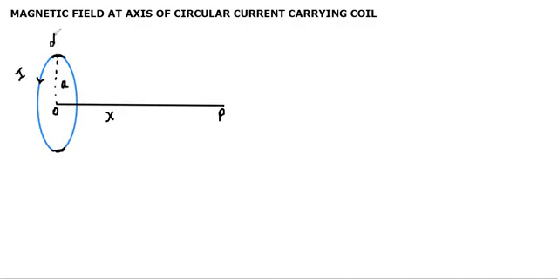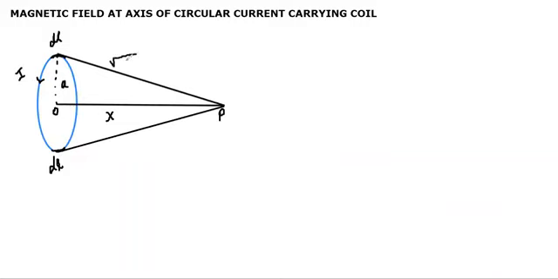Let their length be dl. I'm taking two small equal length elements dl. Obviously current is flowing through them, so they're also contributing to the magnetic field at point P. Now join these lines. Now what would be the distance?